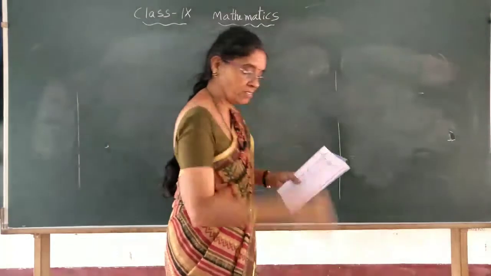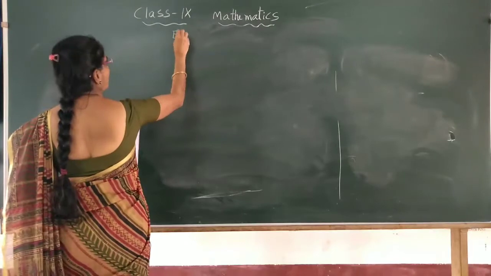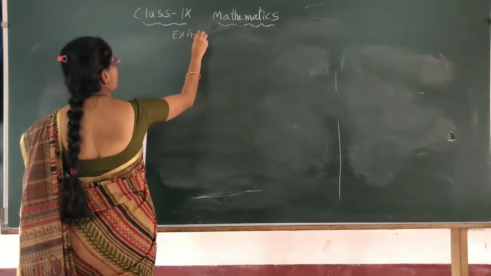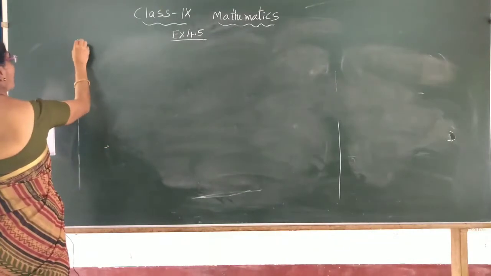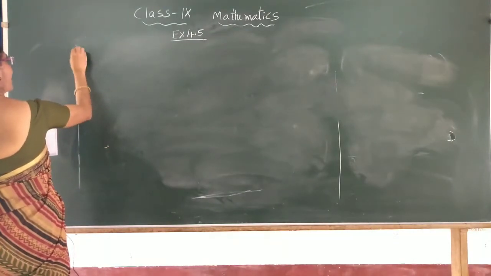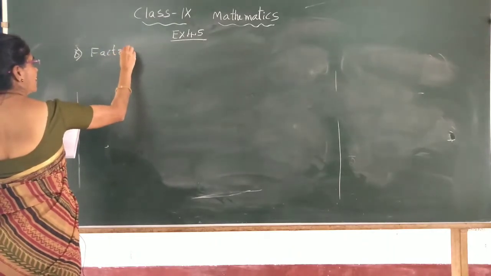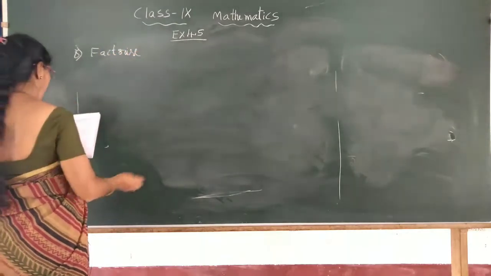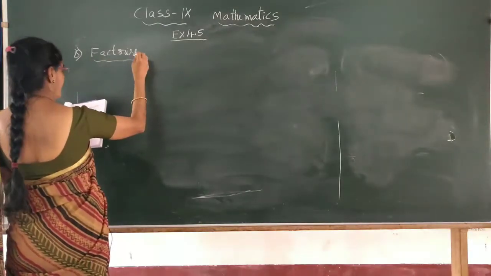So, the 8th one, same exercise 4.5. See, they won't say find the cube, they will say factorize each of the following. So, you have to factorize.